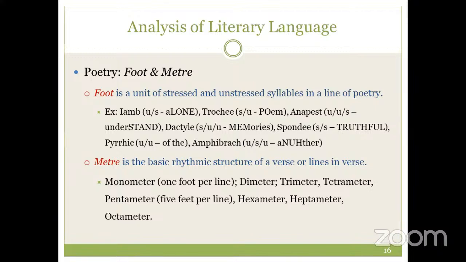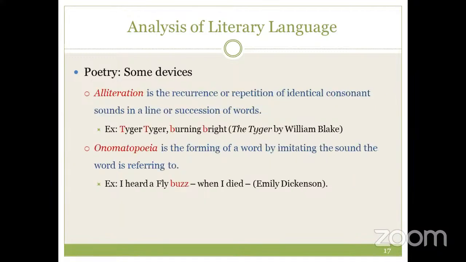Let the word be anything, but the structure is an unstressed syllable followed by a stressed syllable repeating 5 times. So iambic pentameter, 5 feet per line, is the most used meter. Okay, remember this, foot and meter in English.